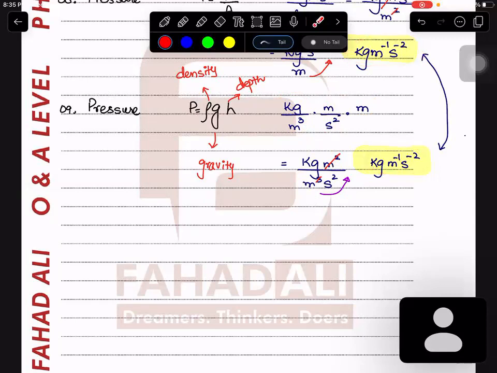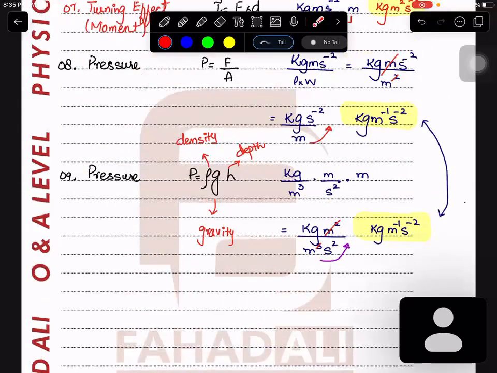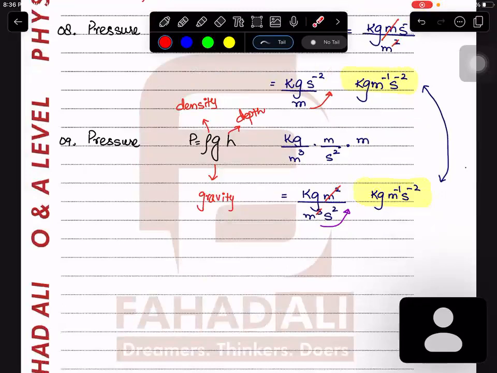This means that for multiple formulas of the same quantity, they will have the same units. Done? Is this clear? Yes, sir. Aiza?